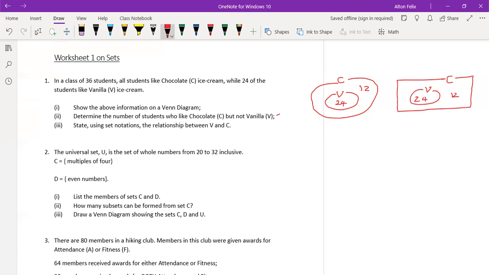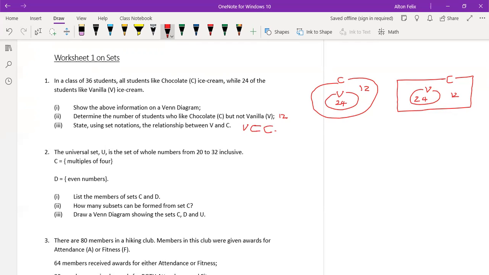Okay, so from the diagram, 12 of them will like chocolate, but not vanilla. State using set notation the relationship between V and C. So we said that V is a subset, right? So let's write the symbol. V is a subset of the set C.